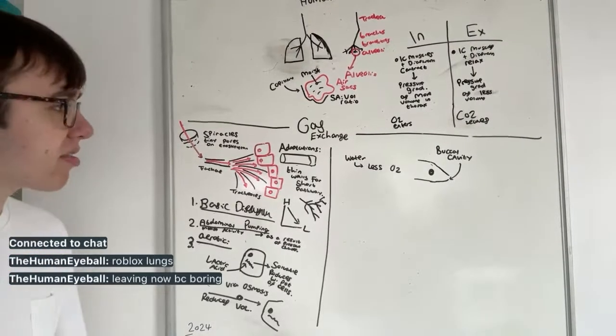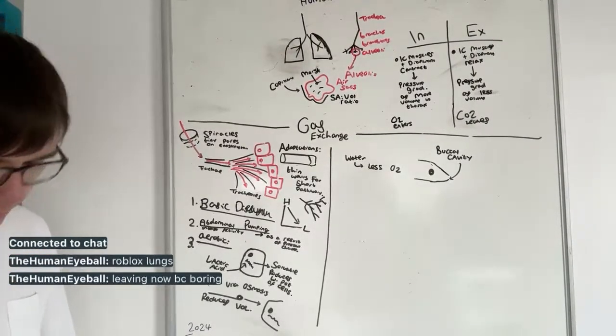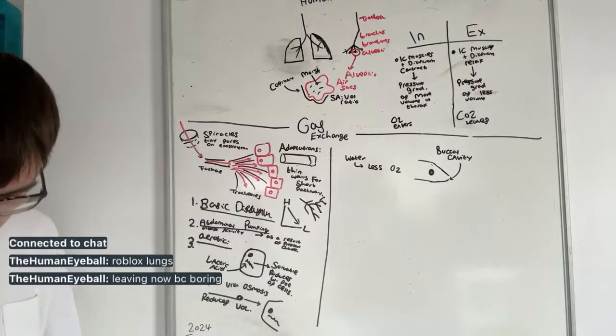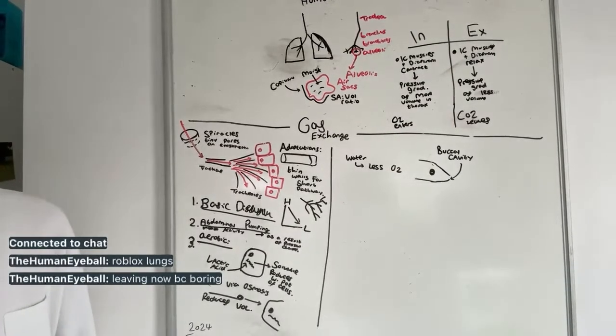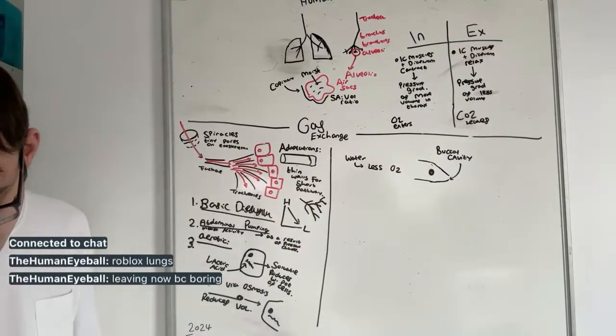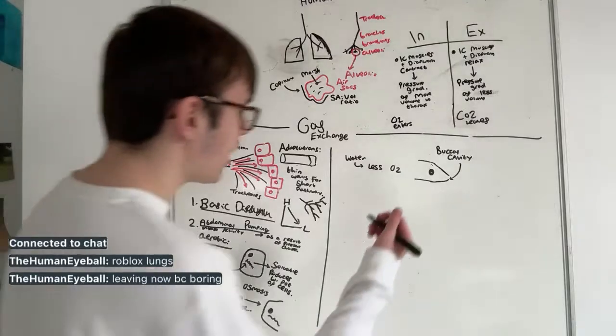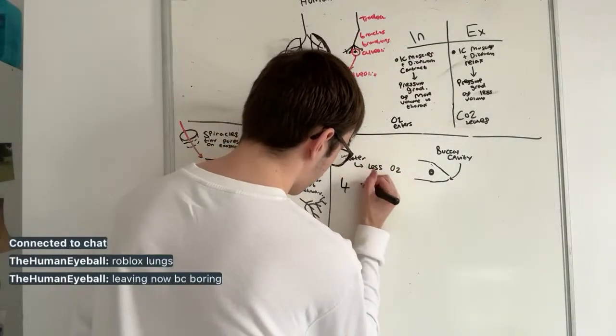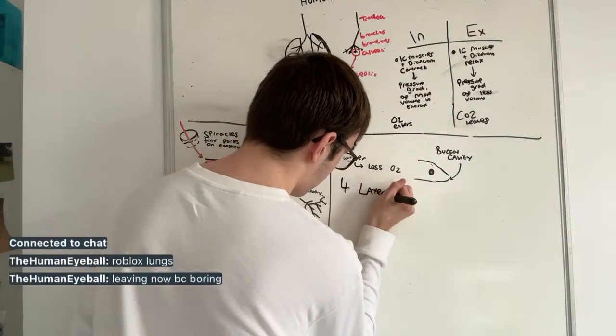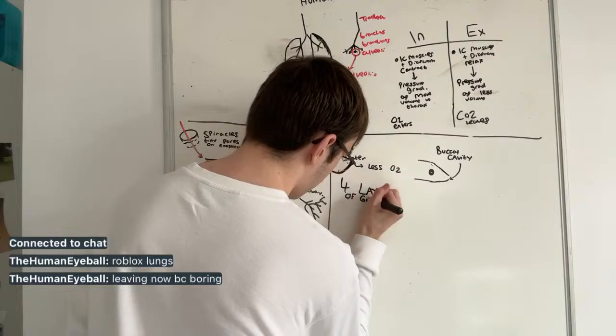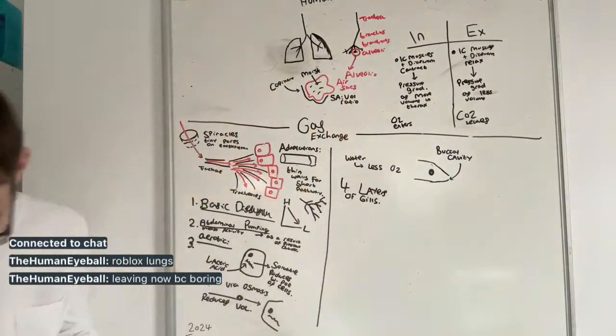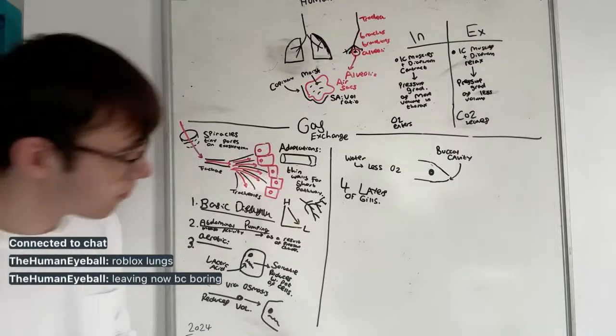Right, let's pay attention now to the fish one. So gills, there are 4 layers of gills. They are made from gill filaments, which are arranged in stacks.